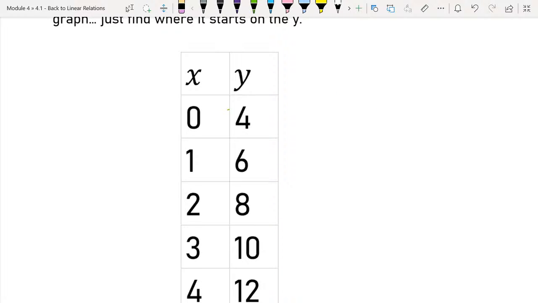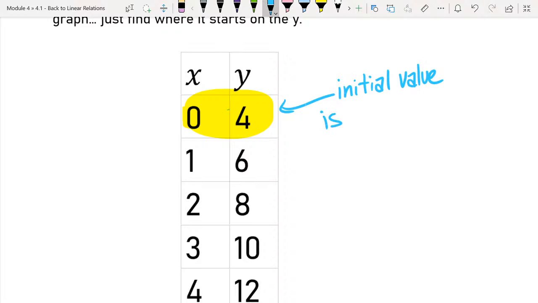There we go. So here it is. Here's the initial value. And the initial value is the y number that is paired with 0.